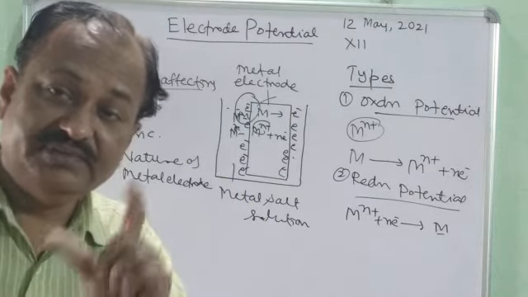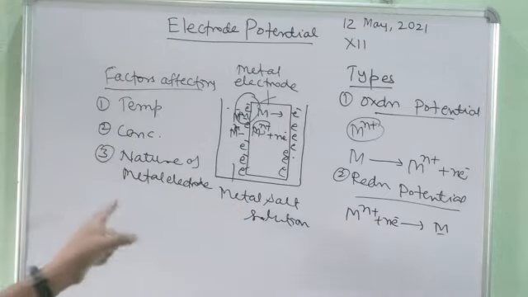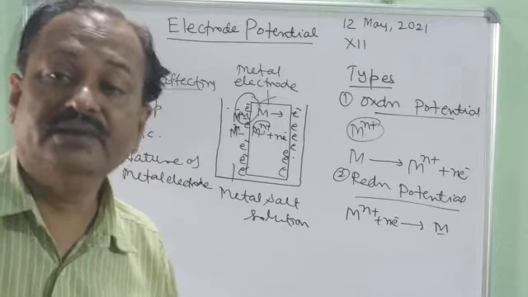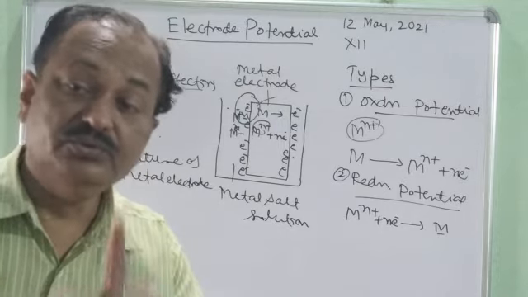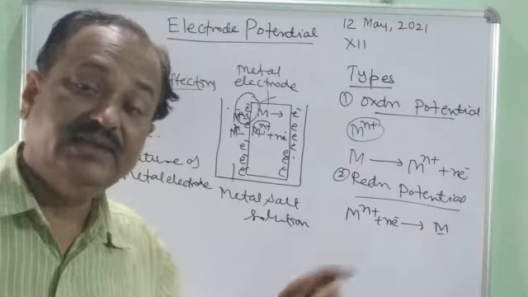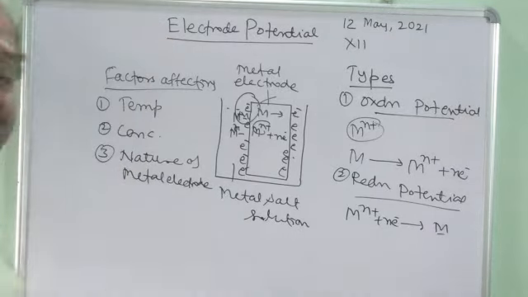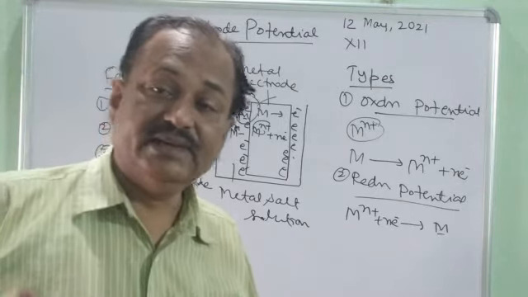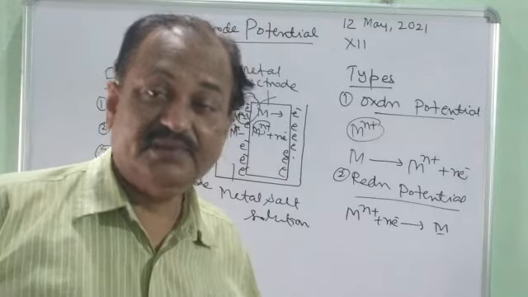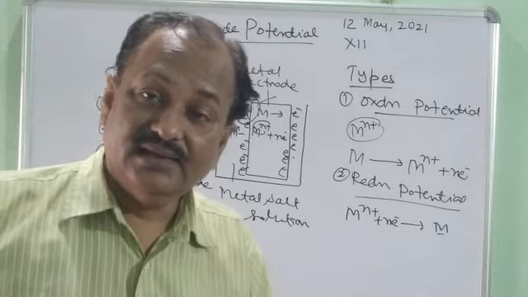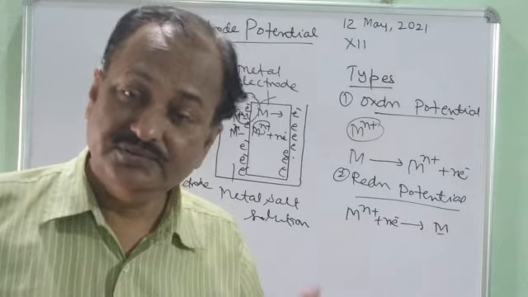Different metals have different activity, and as a result the electrode potential differs from metal to metal. All the metals do not have an equal amount of electrode potential. This is due to the nature. Nature is the decisive factor. For example, iron, zinc and aluminium are very reactive, but silver and gold are least reactive. Silver and gold are called noble metals. So this is the reason.